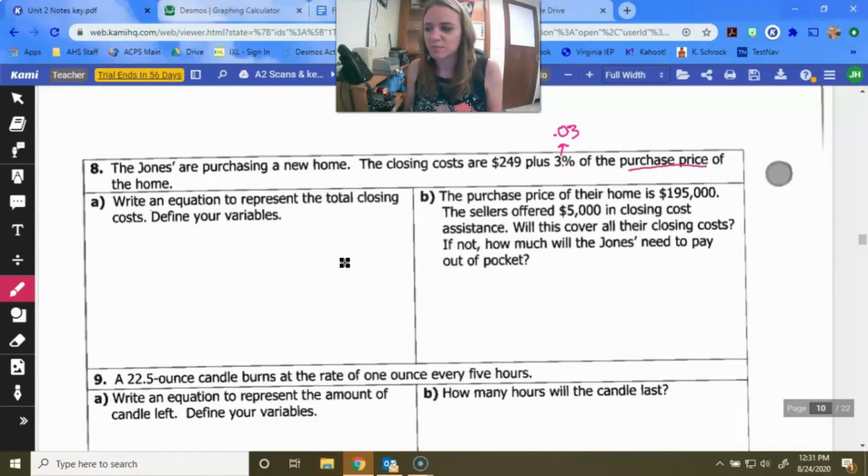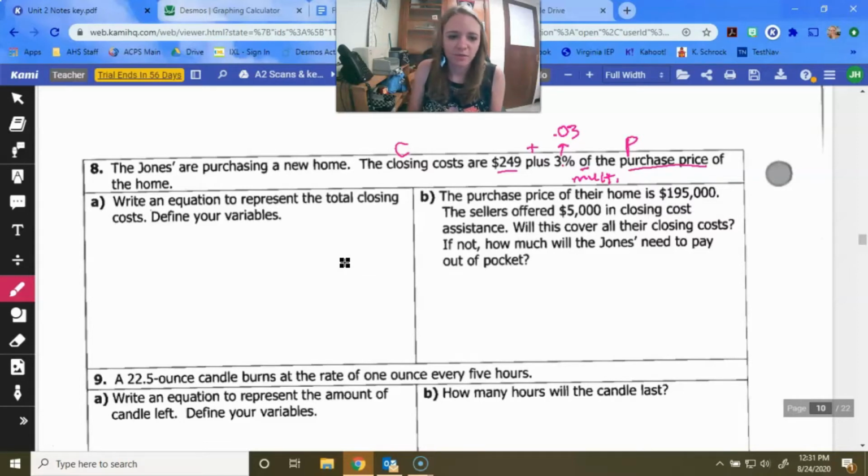We'll call purchase price P. Why not? And then the closing cost will be the C. So we have this plus this amount plus this. And when it's of, that is also multiplication in this case. It is multiplication, 3% of, so that's times the purchase price.